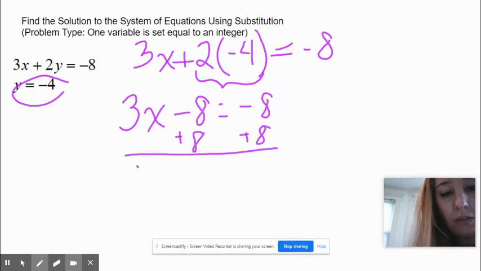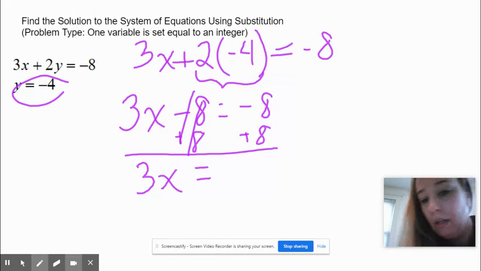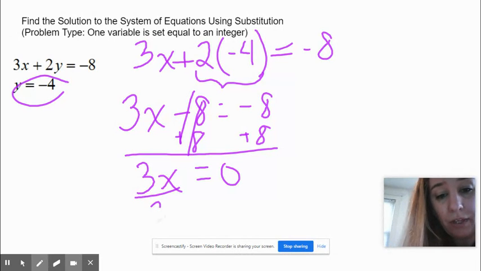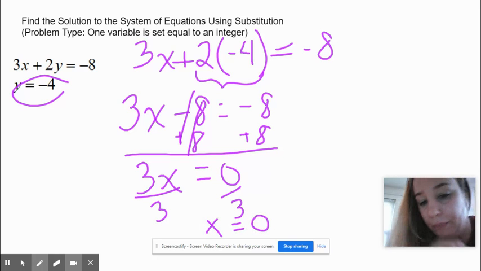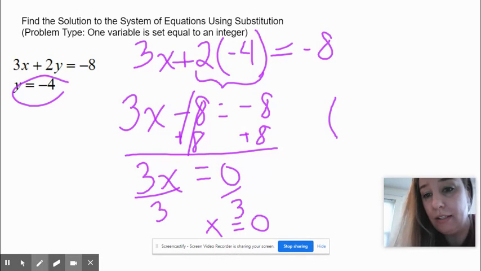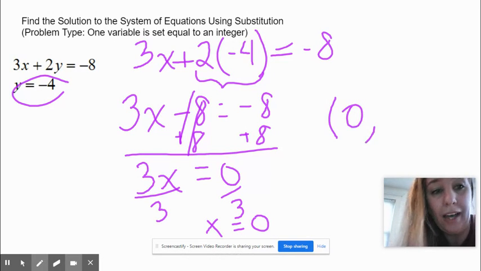And you get 3x, cancel, cancel, equals negative 8 plus 8 is 0. Divide both sides by 3. And x equals 0, right? Because 0 divided by 3 is 0. So our final answer, our xy coordinate: x is 0, y is negative 4.